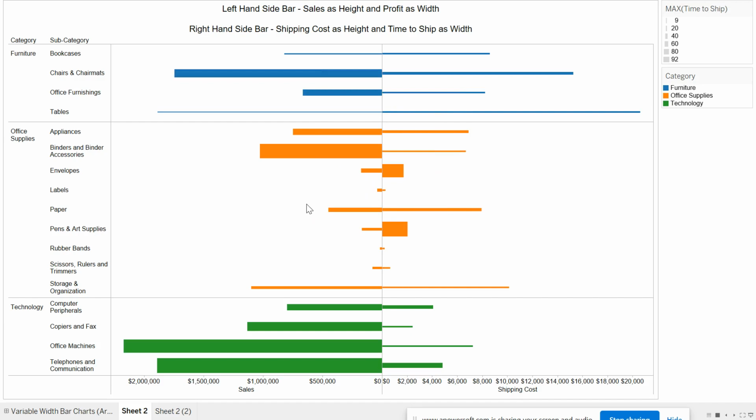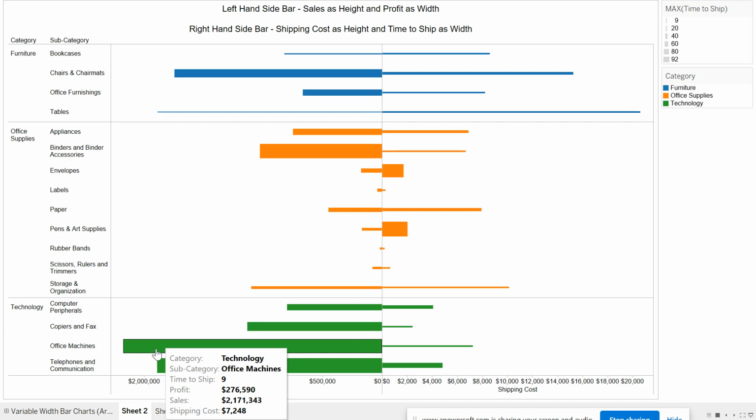And if you want to see which category and subcategory made more sales, no doubt, the technology category's subcategory office machines has registered the max sales among the categories, which is 2171343.